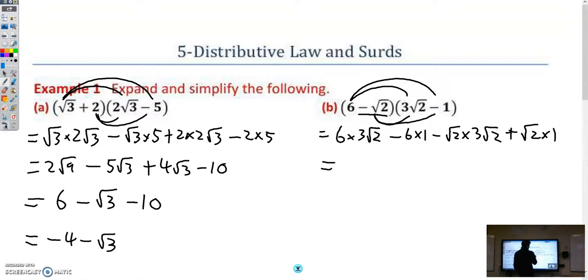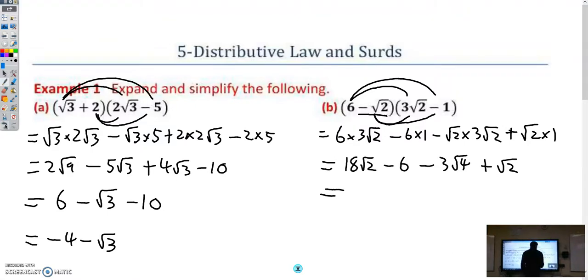And then we simplify. If we have 6 times 3√2, only the 6 and the 3 will multiply. So we end up with 18√2. Minus 6 times 1 is minus 6. Minus √2 times 3√2 is 3√4. Plus √2 times 1 is just √2.